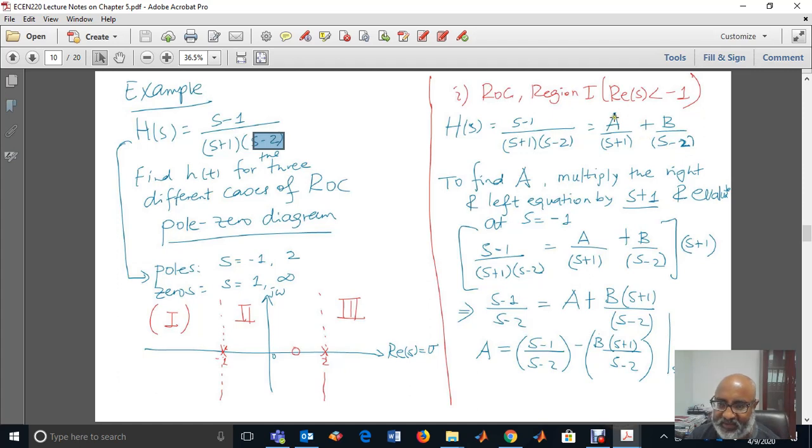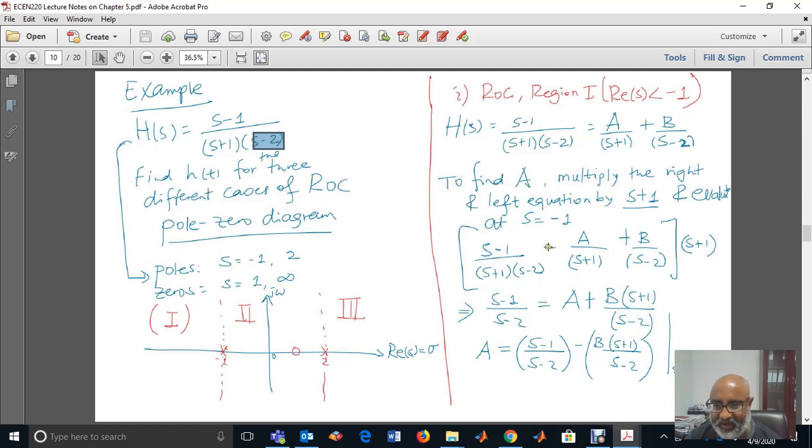Let's find first a and b. So we break this system into two systems. That means this is one system, this is another system. To find a and b, we can do like before. We can combine this and crisscross a times s minus 2 and b times s plus 1, and we equate these to the numerator polynomial.